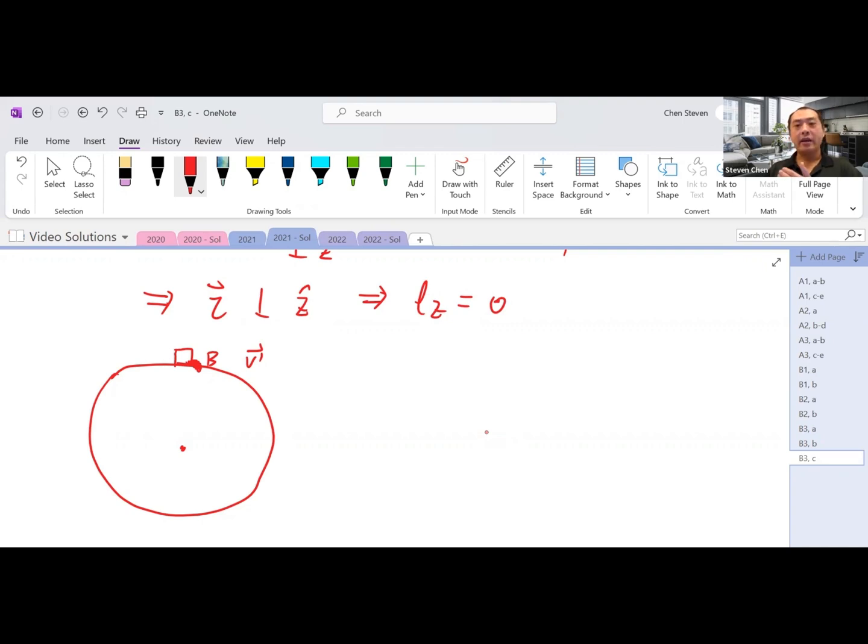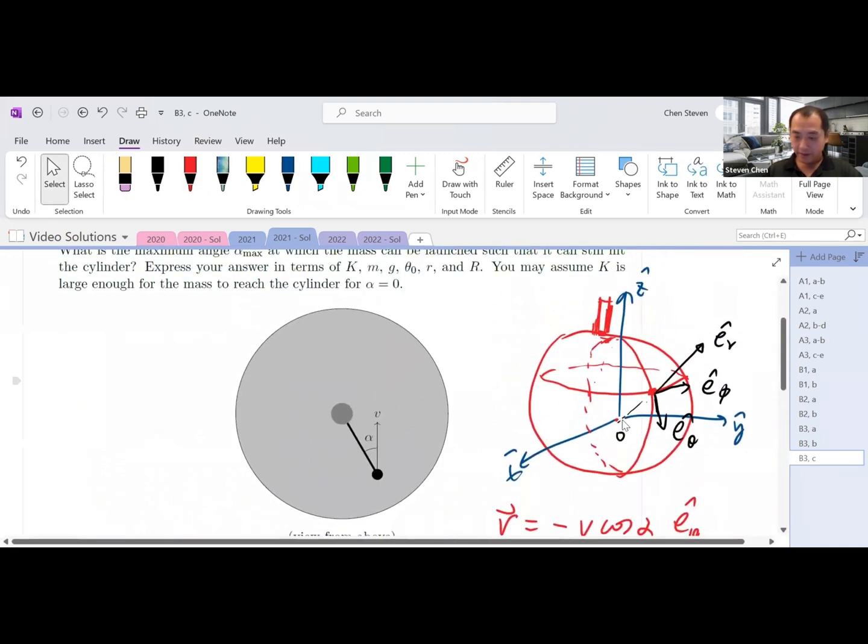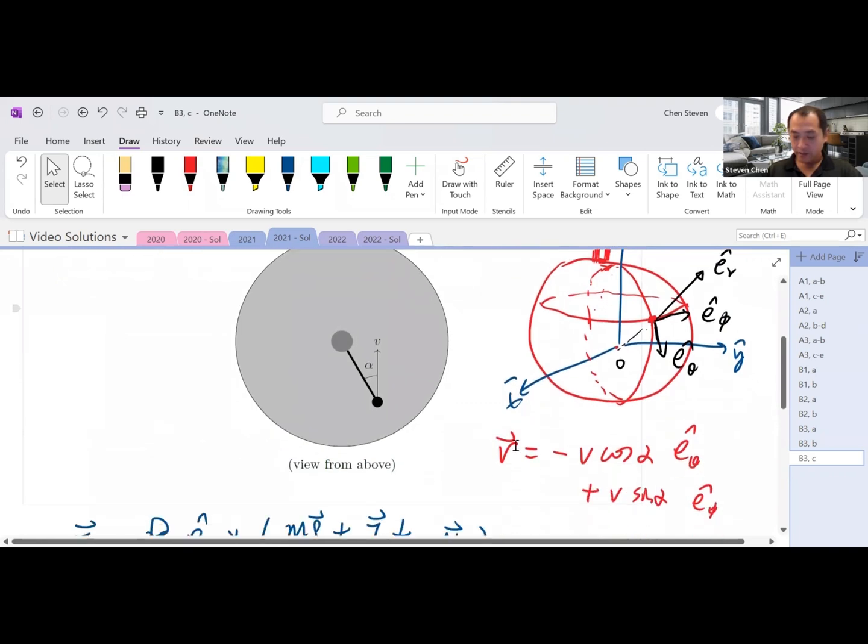What is the z component of angular momentum at time 0? Let's go back here, right? So V takes this form.